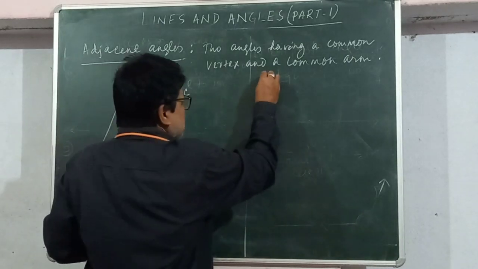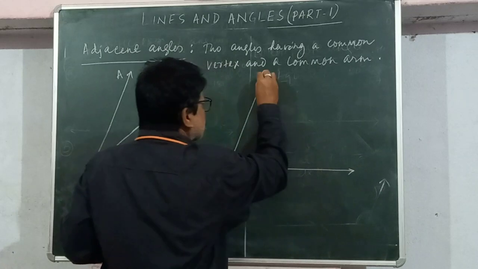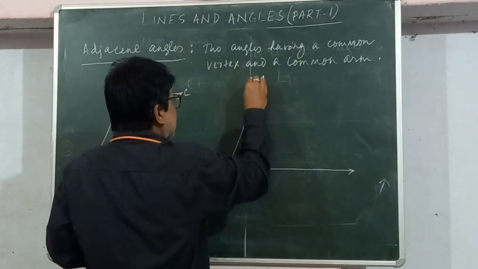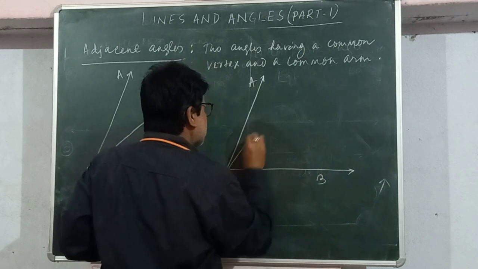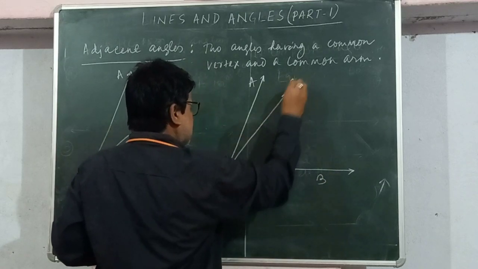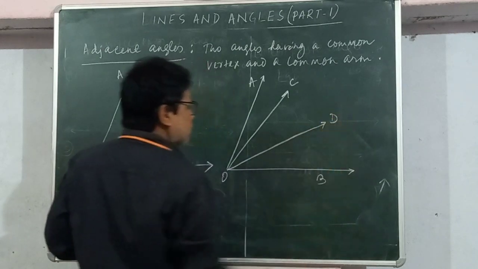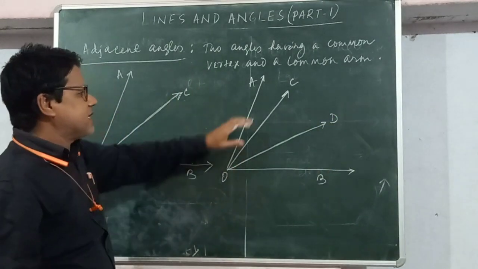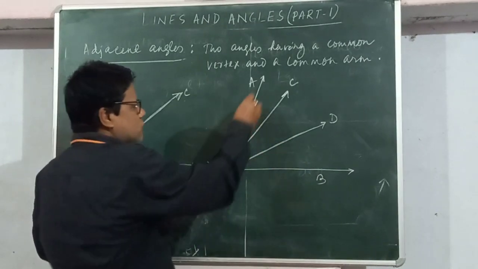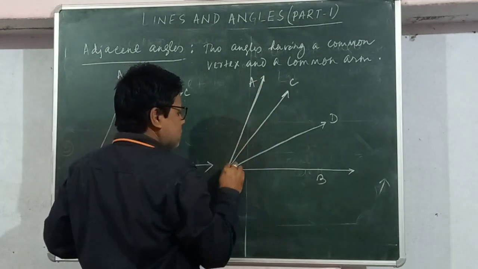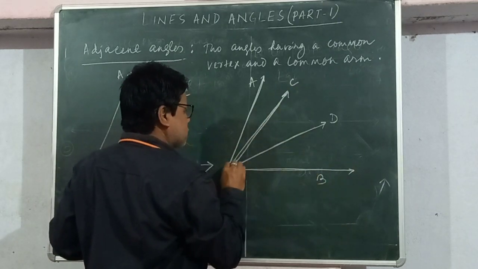Then, suppose instead of one ray, so many rays are there. In AOB, suppose OC and OD are 2 rays here. Now there are so many pairs of adjacent angles here. Suppose I am taking the angle AOC. Angle AOC is adjacent with angle BOC.